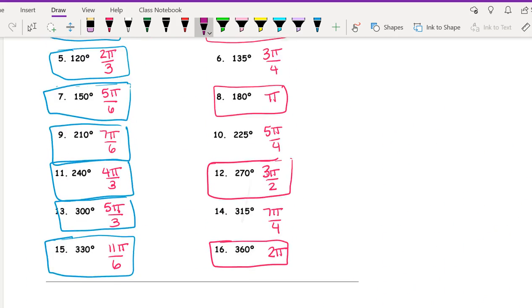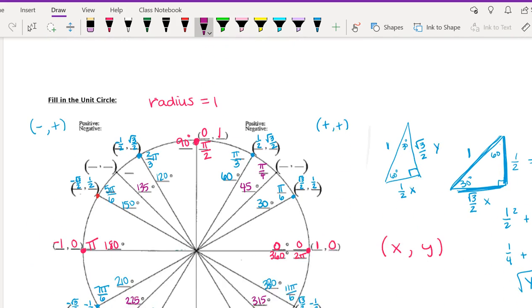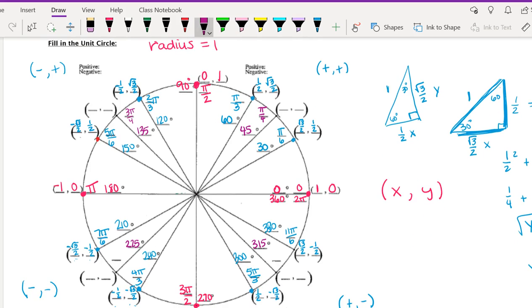If I look at the three remaining conversions, I have 3/4 pi, 5/4 pi, 7/4 pi. So this is 3 pi/4. I have 5 pi/4. And 7 pi/4 for our radian measures.